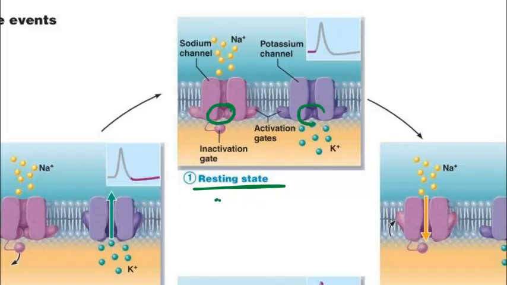These are the gates. This is the sodium channel on the left, this is the potassium channel on the right. In both cases, are gates closed? Yes. Is there any flow? No. I'm going to ask you a bunch of really stupid questions.